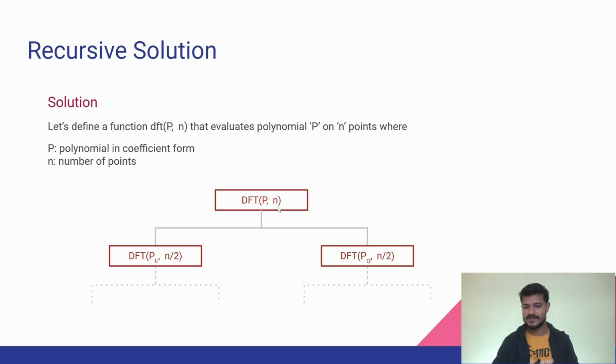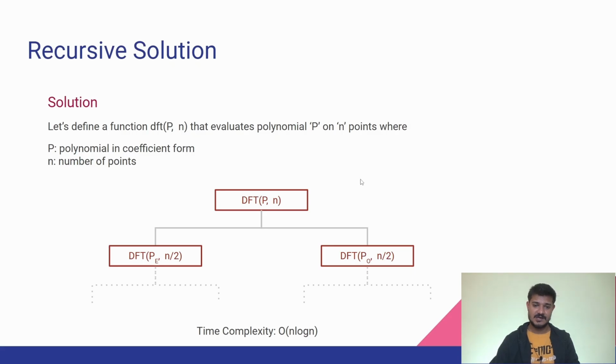To evaluate p of n, we will make n calculations, and this is level 0, this is level 1. On level 1 we have to evaluate two polynomials on n by 2 points. If you combine them, again n calculations will be needed, and so on and so forth. On each level we are making exactly n calculations, and there are exactly log n levels. So the overall computation will be n log n. So it looks like we have built an n log n solution.